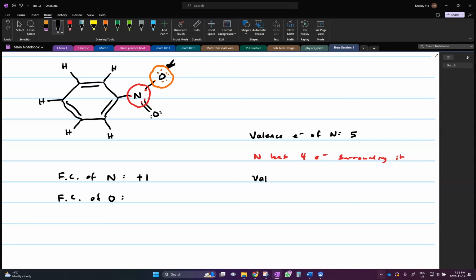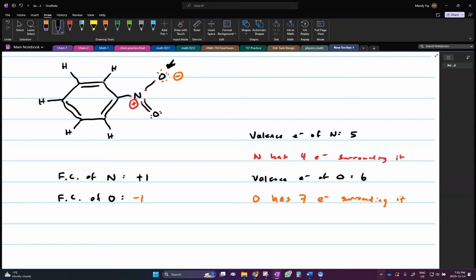And valence electrons of O, it should have 6. But O has 7 electrons surrounding it. That means it has 1 extra. 1 extra negative charge makes it -1. So we have negative here and a positive here.